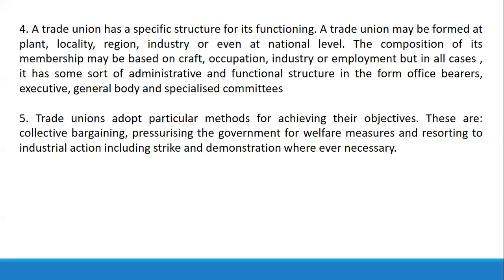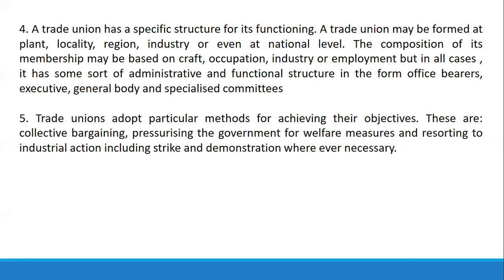So, trade unions have the advantage of strength, where they can negotiate about the demands they have, or they can pressurize the government for getting welfare measures, and they may resort to strikes also, and they may show their actions wherever necessary.